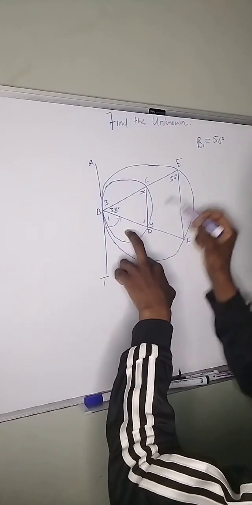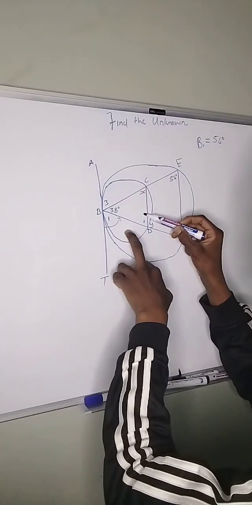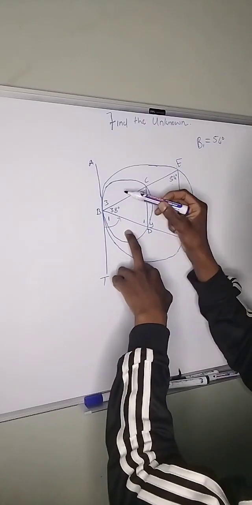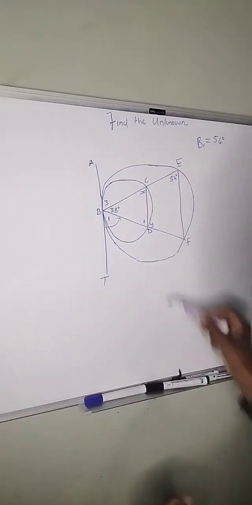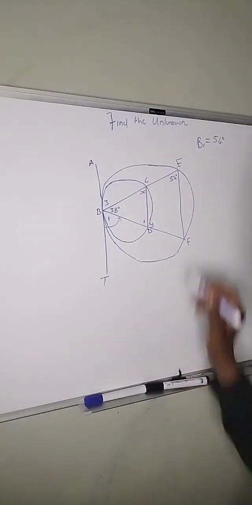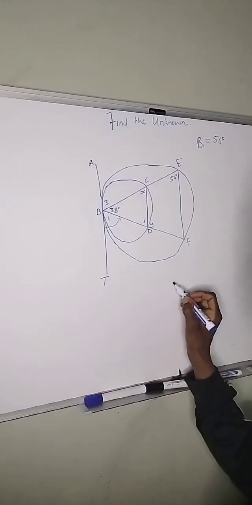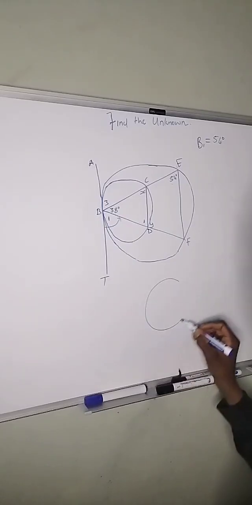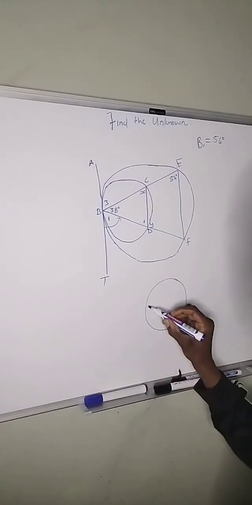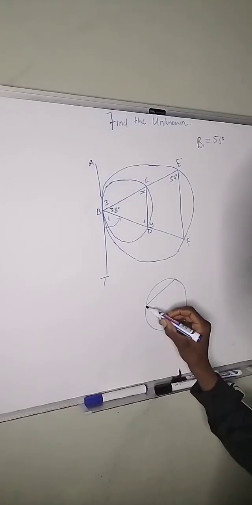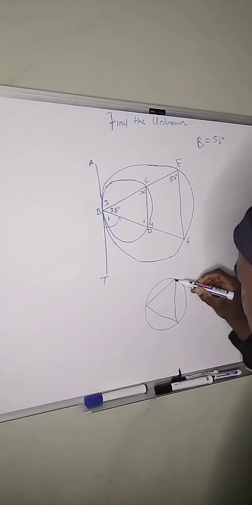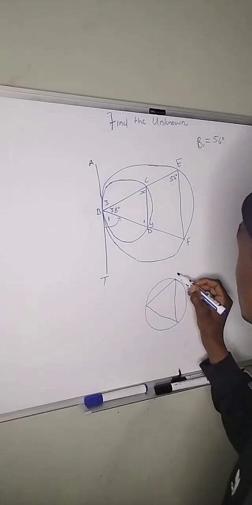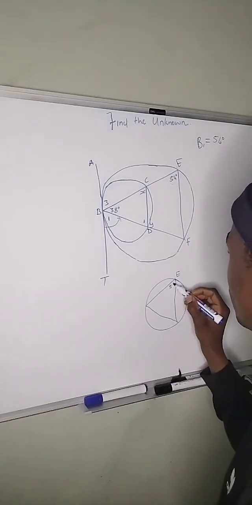If we are considering the big circle, let me extract this diagram and draw another circle, and I will have my triangle. I just drew the big circle only, for those who don't understand. And we have our E being 54 degrees.